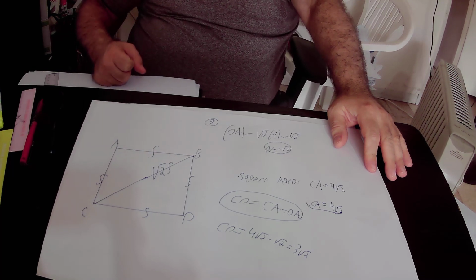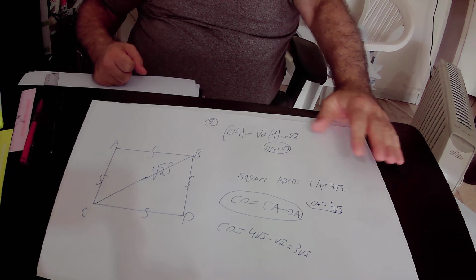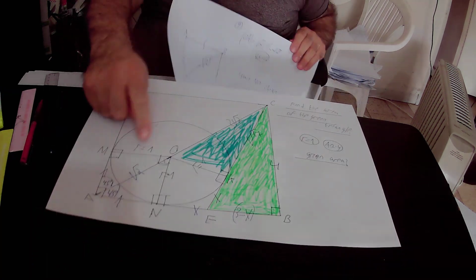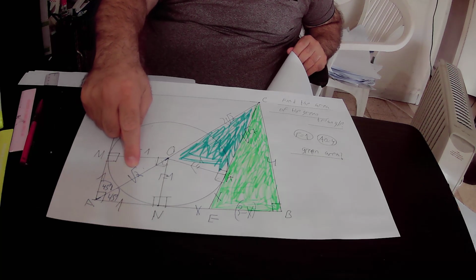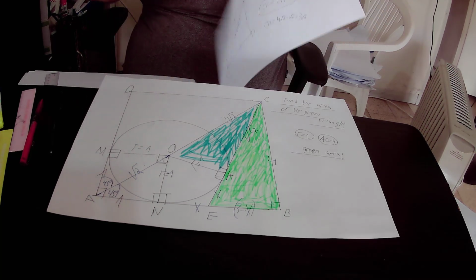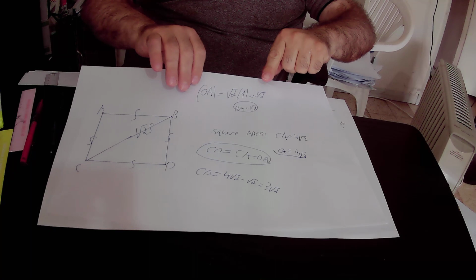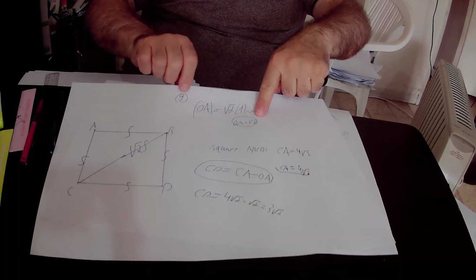And we found the length of diagonal OA according to rule number 7: it equals 1 times square root of 2. So the length of diagonal OA equals square root of 2 units.